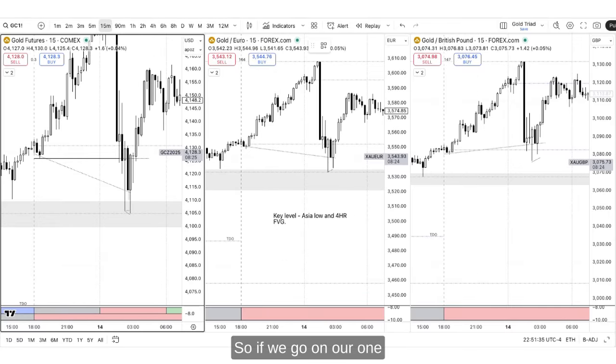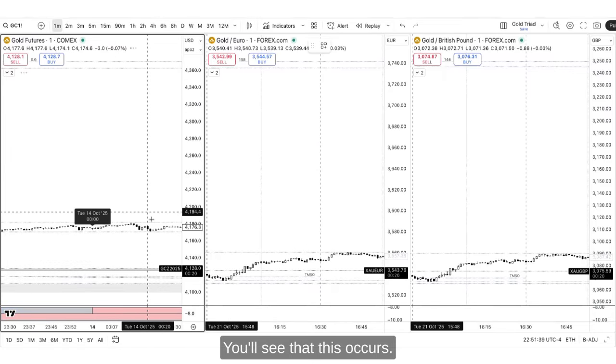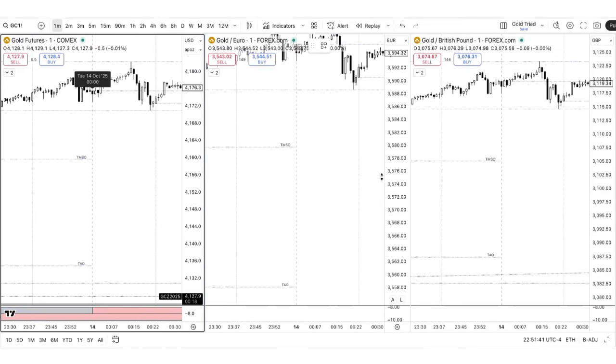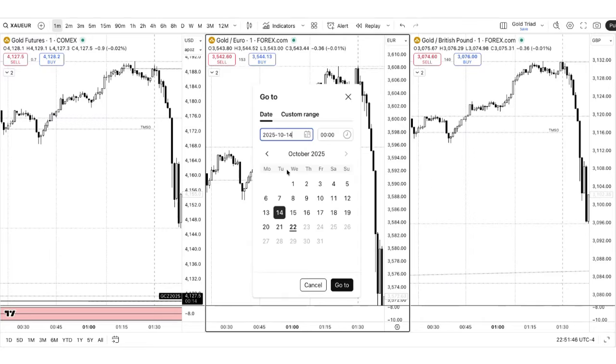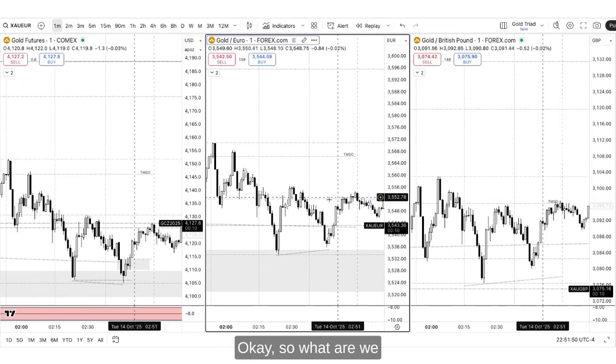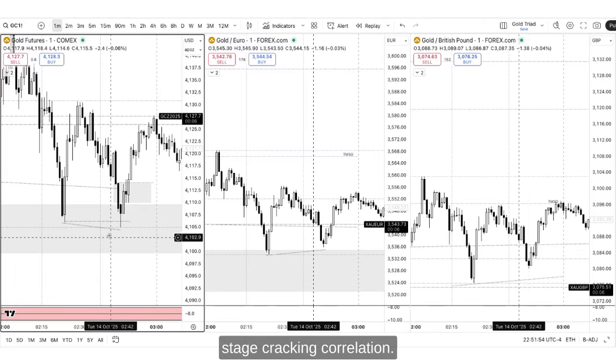Right, so if we go on our 1-minute chart, you'll see that this occurs. Apologies. Okay, so what are we looking for here? Right, we're looking for a 2-stage cracking correlation.